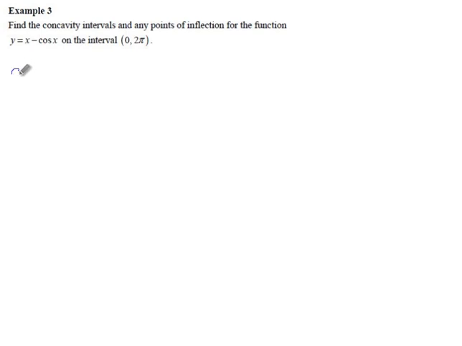Our first derivative: the derivative of x is 1. Now, if you haven't done trig derivatives yet, you need to know that the derivative of cosine x is negative sine x dx. So negative sine of whatever times the derivative of whatever. In this case, the whatever is just an x, so that's not going to be a big deal.